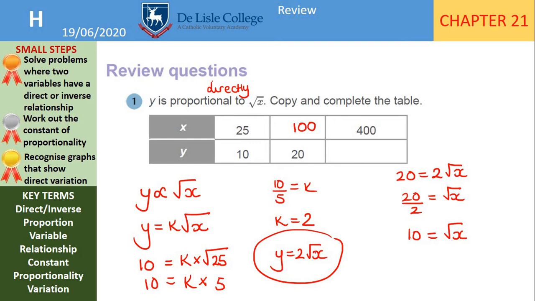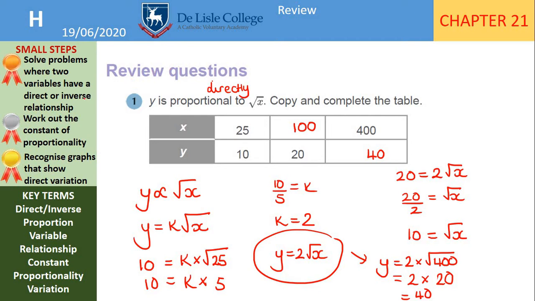Similarly, if x is 400, that one's slightly easier. So y would be equal to 2 times the square root of 400. Now we know the square root of 400, or hopefully you should, is 20, because 20 times 20 gives us 400. So that must mean that y is 40.